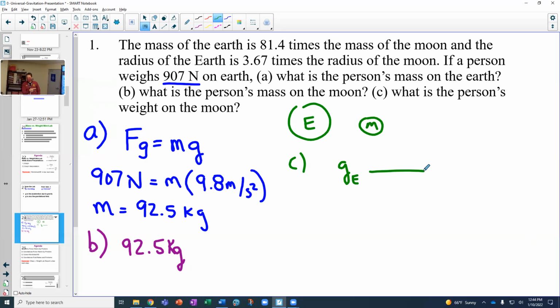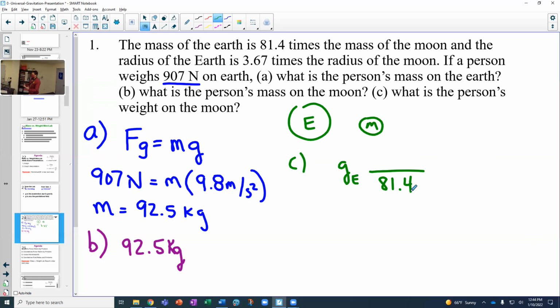So should I multiply Earth's value for g by that or divide it? Divide it, because moon's value should be smaller. Smaller mass means smaller g, right? So proportional reasoning, I don't want to multiply it by 81.4. That would make the g value larger, right? I want to divide it by that to make it smaller. Any questions about that first step of proportional reasoning?